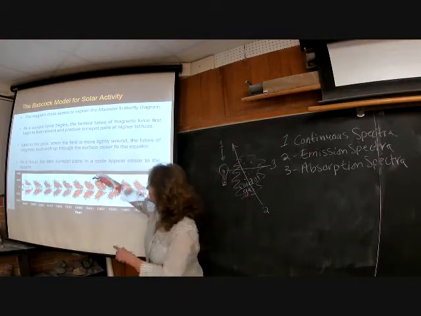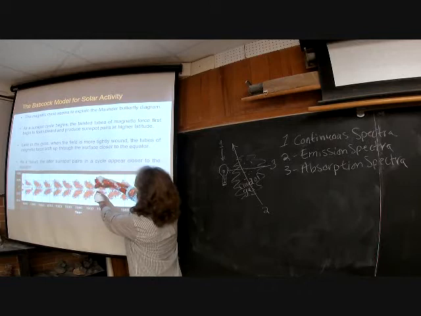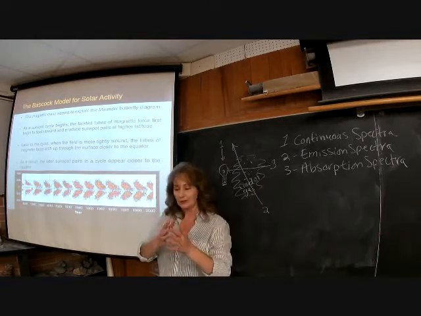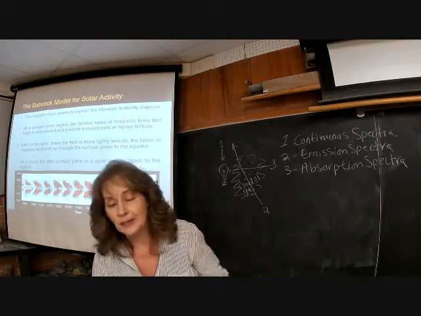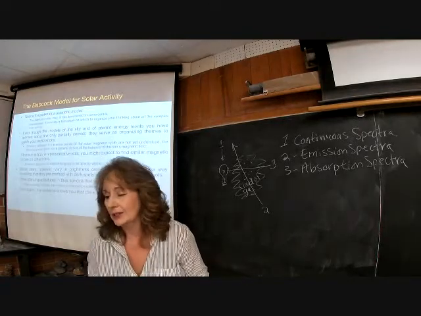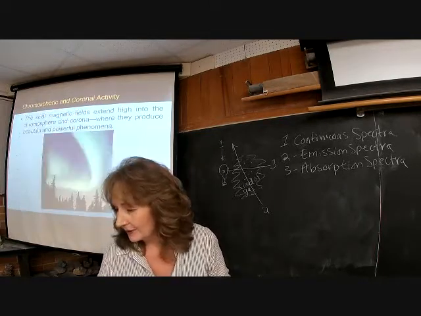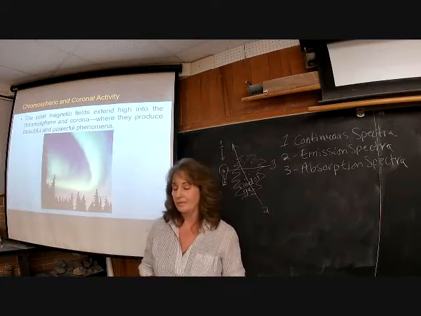Each cycle, those sunspots are seen at 30 degrees north and 30 degrees south, and then over time they get closer and closer to the equator, and a new cycle starts again. So, getting all wound up and then repeating that process in an 11-year cycle. That's a model for the sunspot cycle.